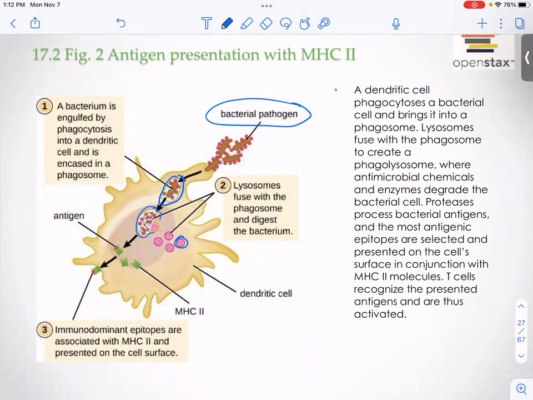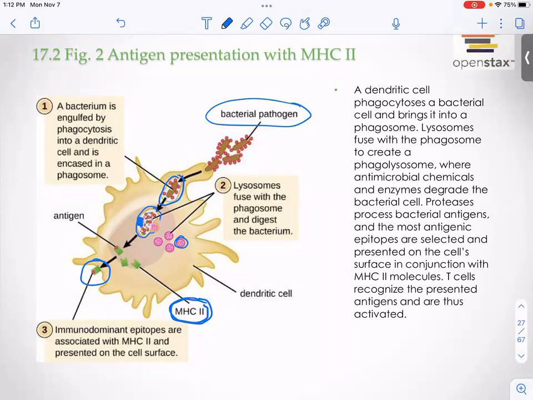And then I don't really like the way this draws it, but this MHC class 2 actually gets expressed on the inside of that phagolysosome, because that's where all the chewed up pathogen is. Again, short amino acid fragments are recognized by that MHC class 2. And then here on the outside of the cell, that macrophage or whatever is presenting the MHC class 2.